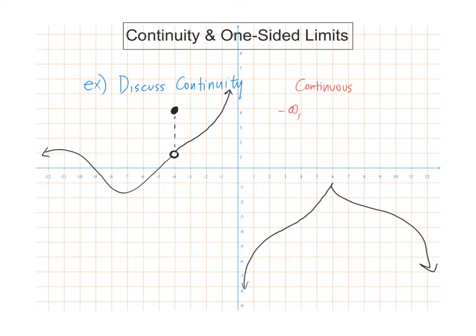There are different ways you can write this interval notation. You might use inequalities. I'm going to use negative infinity to negative 4. And I'm going to use round parentheses because it's not continuous at negative 4, but it's continuous everywhere up to negative 4. Then it's continuous from negative 4 to 0.